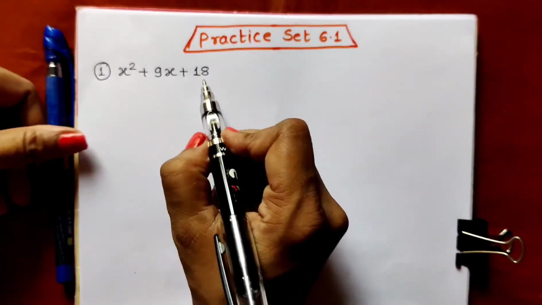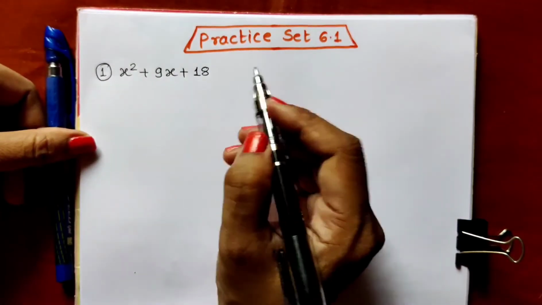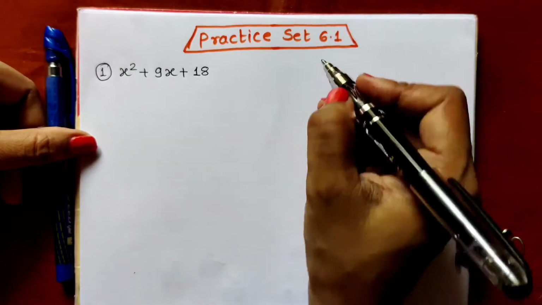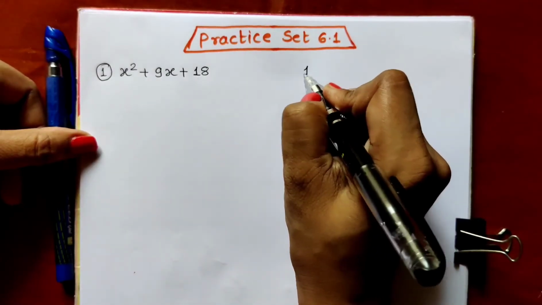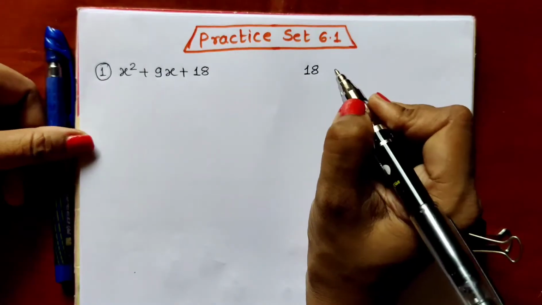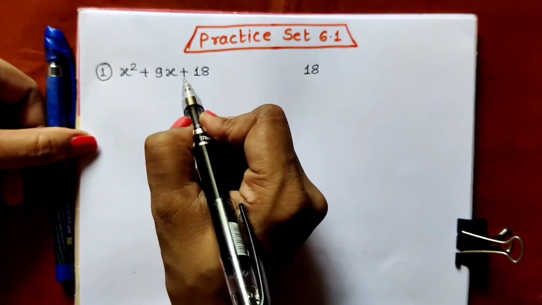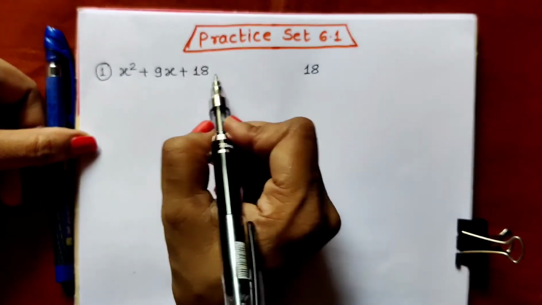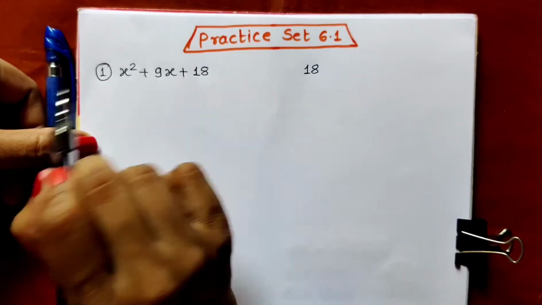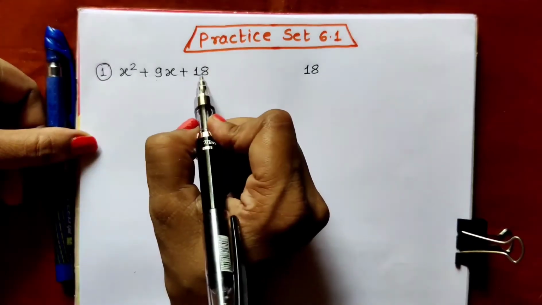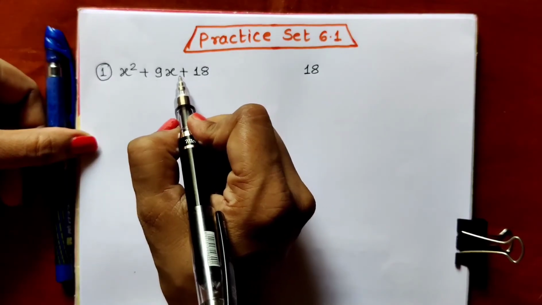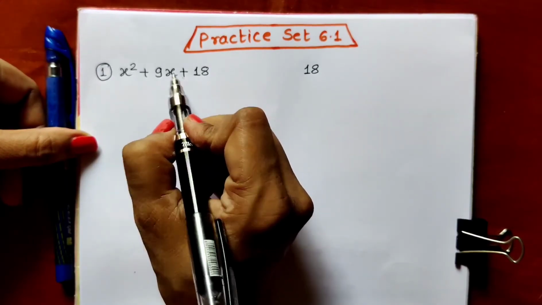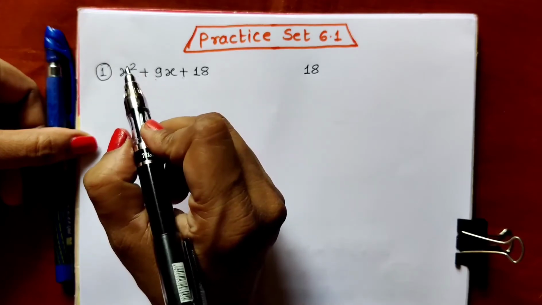So the last constant term is 18. That means we have to find two factors of 18 whose addition should be the coefficient of the middle term. Why am I saying addition? Because the sign of 18 is plus. So we have to find the factors of 18 whose addition should be the coefficient of the middle term.